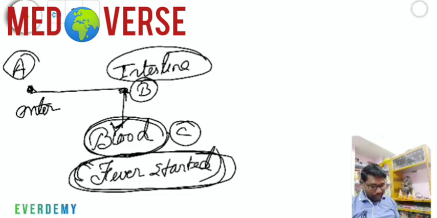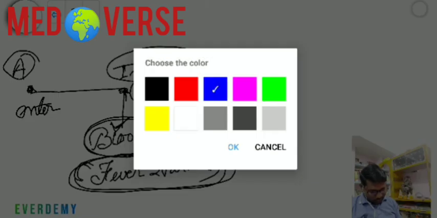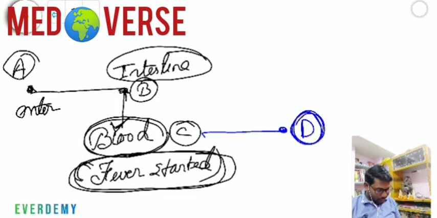From our previous concept, we know that from point C, antibody formation occurs at point D, that is after 5 to 7 days.